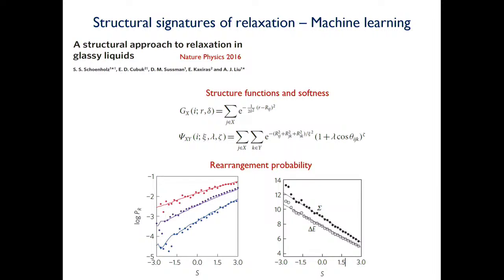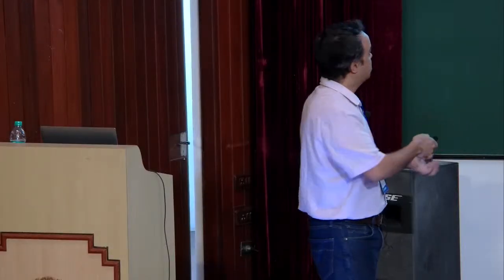And now what they did was they computed two things. One is PR, the rearrangement probability, based on the softness. You can calculate the softness for each and every particle based on these two structure functions, associate a softness value to a particle, and then see how the rearrangement probability depends on this softness.